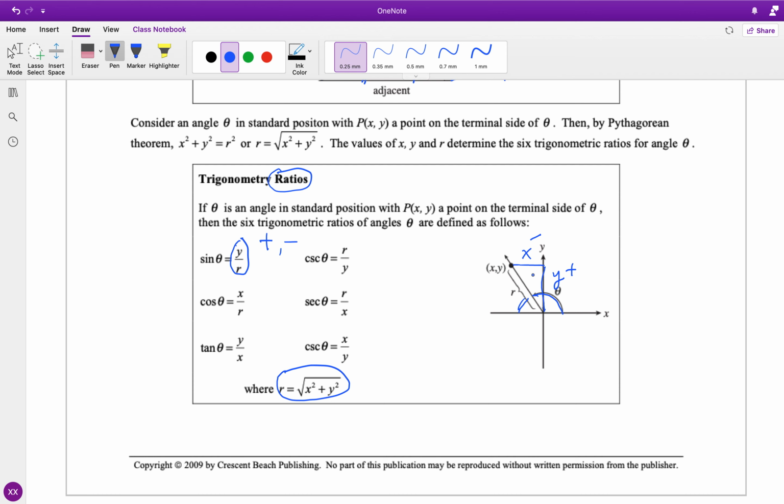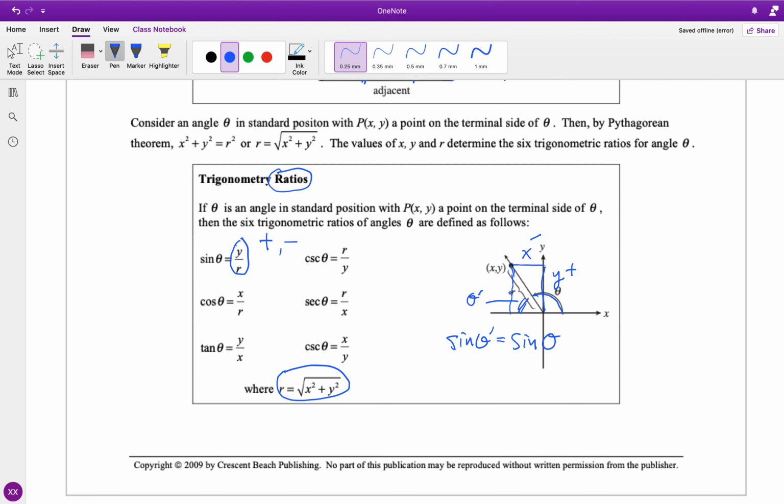As a matter of fact, take a look here: this reference angle is theta dash. Sine theta dash equals sine theta.